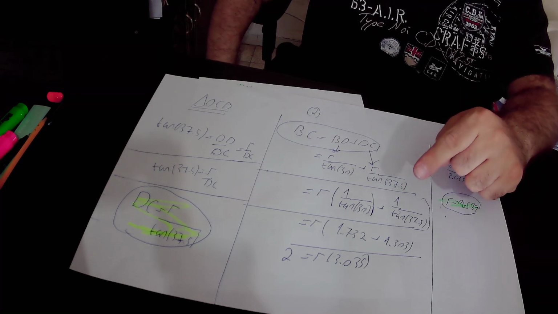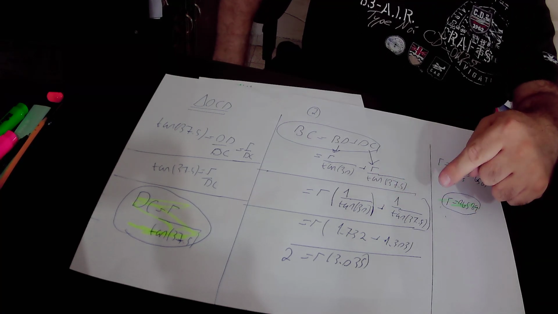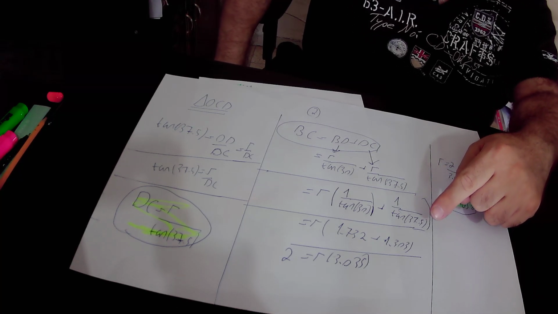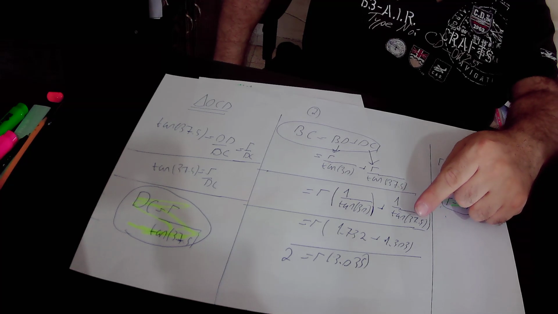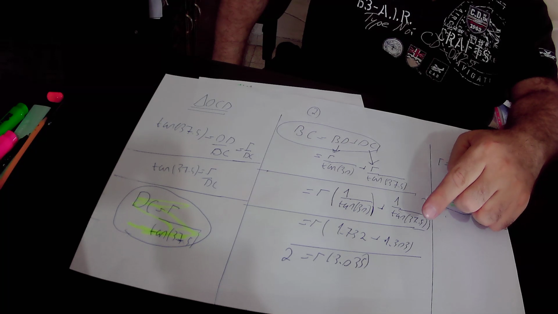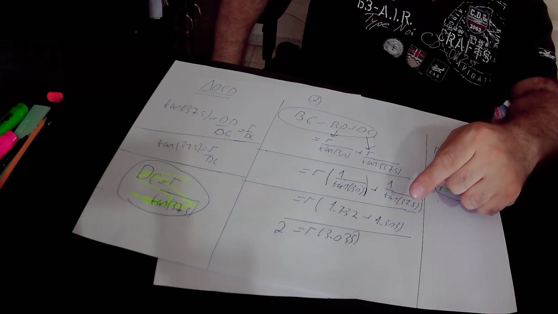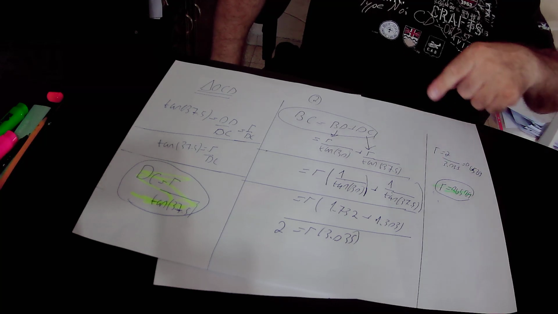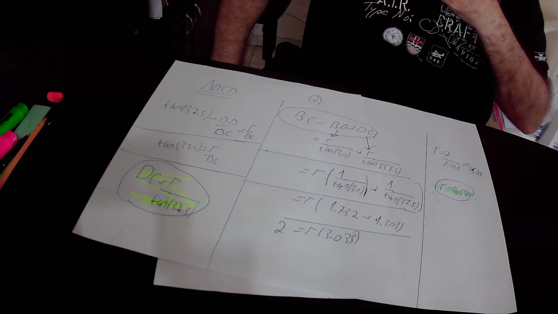1 over tangent 30 degrees equals 1.732. 1 over tangent 37.5 degrees equals 1.303. If we add those two numbers, we get 3.035. So 2 equals R times 3.035.